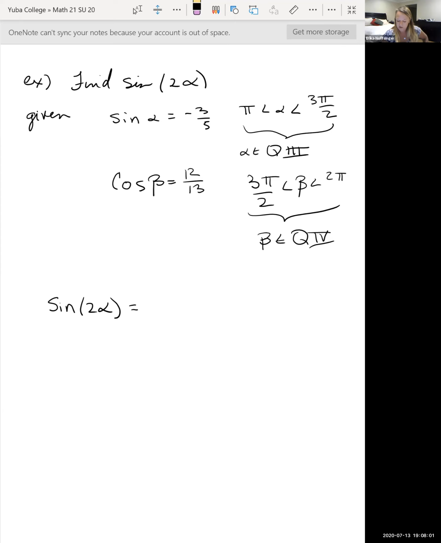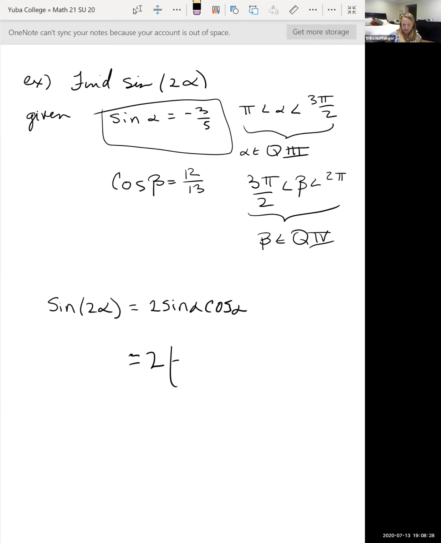A sum of angles for sine is sine, cosine, sine, cosine. Sine cosine plus sine cosine is 2 sine alpha cosine alpha. But you'd be given that, and now we were given what sine of alpha was right here. So that's times -3/5. We don't know what cosine alpha is, but we can find it really fast because we're given what sine of alpha is. So use your triangle.